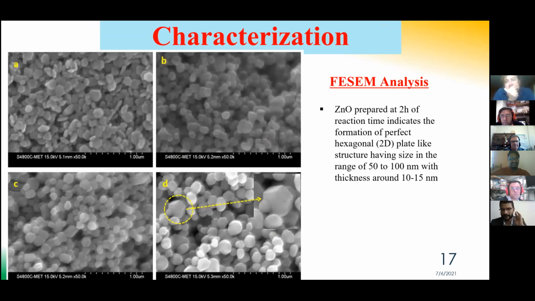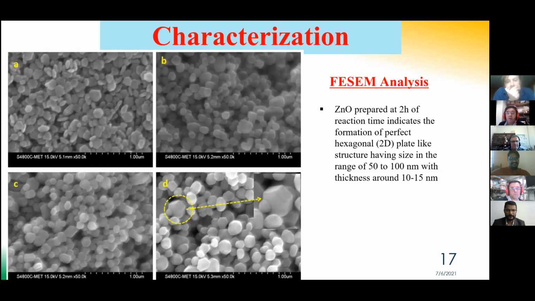Can you explain your growth process, like the preparation of textured samples? Because you show, for example, on SEM, what I understand is oriented particles, an oriented film, or not.